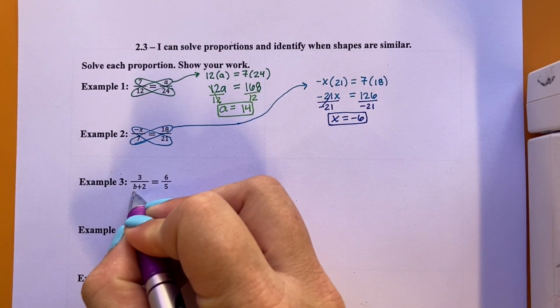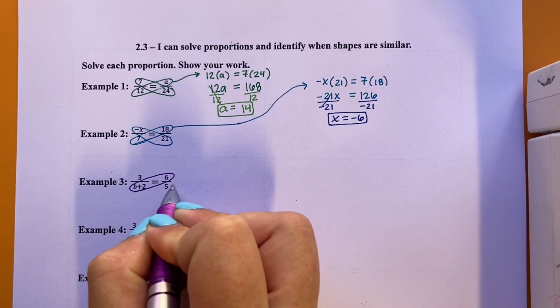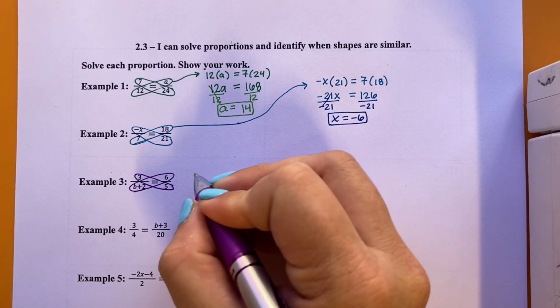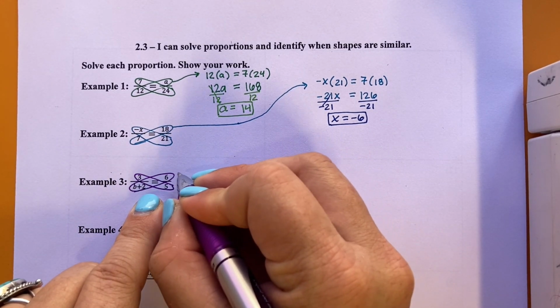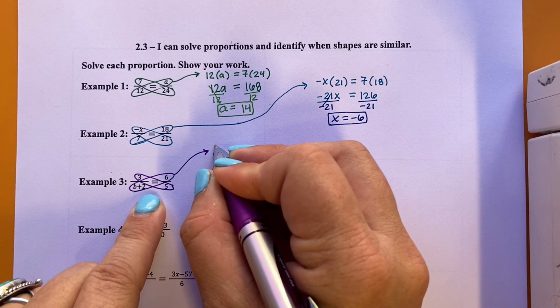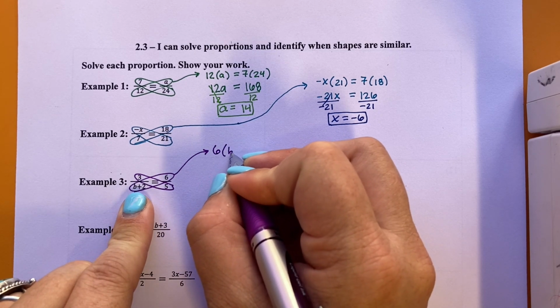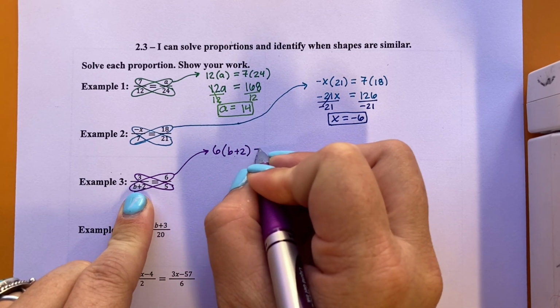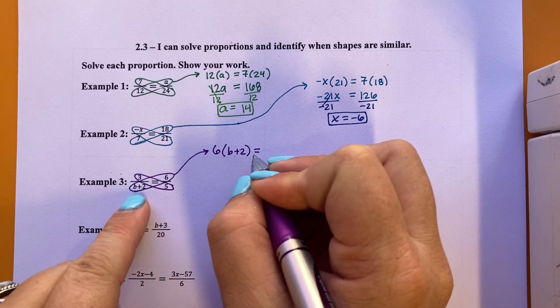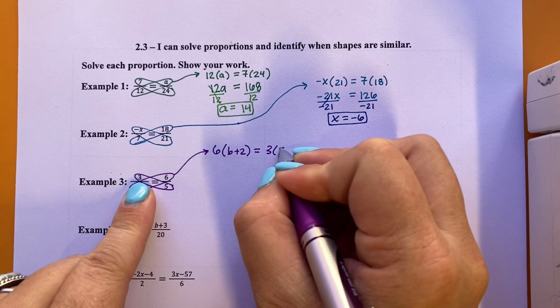Example 3, I cross multiply. So I would go up here, 6 times b plus 2, and then I'd have a 3 times a 5.